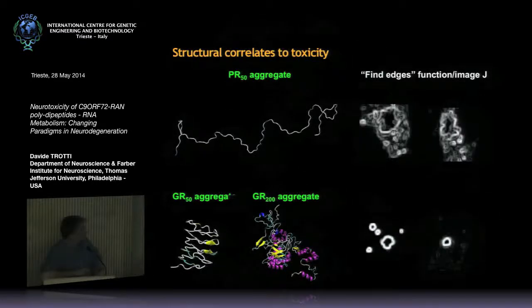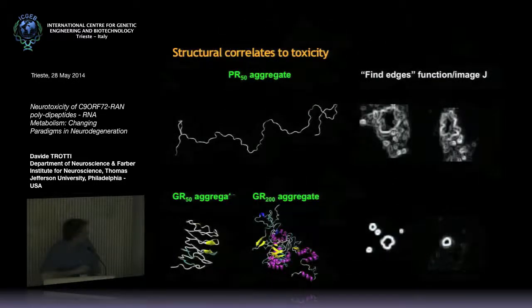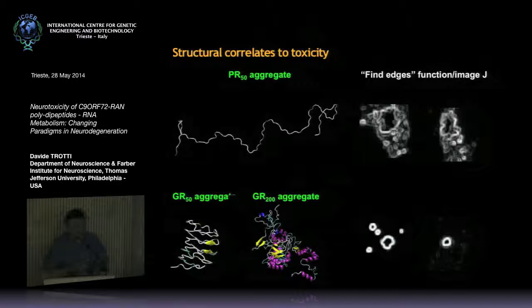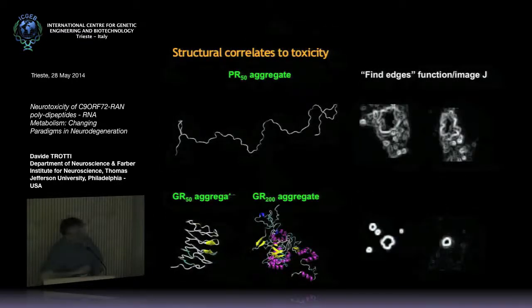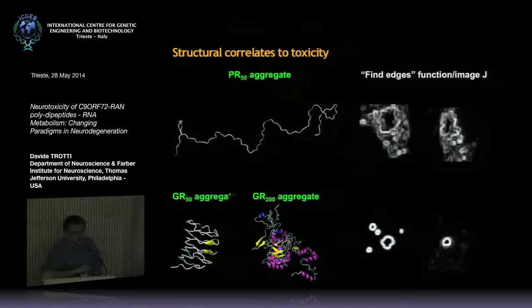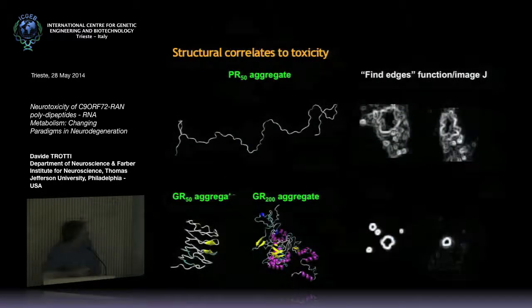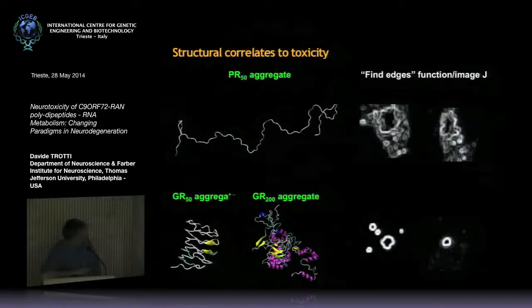If you run an algorithm to understand the structure of these aggregates, you can see that GA coils into a coherent structure with beta sheets and alpha helices, whereas PR50 is not able to structure itself in any organized structure. It remains a coil or a twirling strip that doesn't aggregate or give a secondary structure.